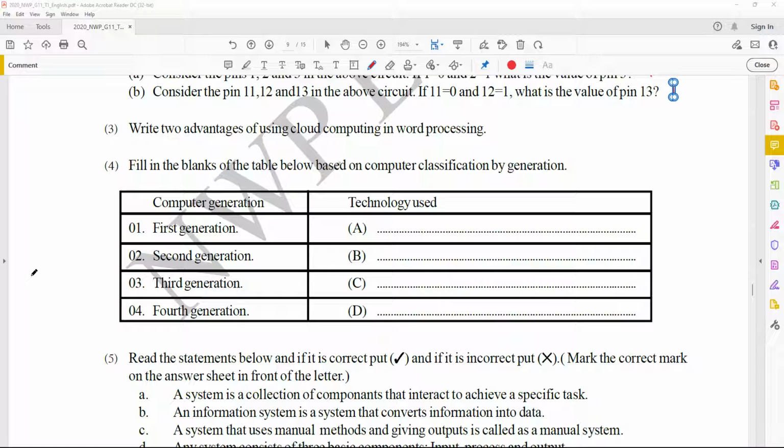Okay, first of all, what do you mean by cloud computing? Before we answer, we should know what that means.